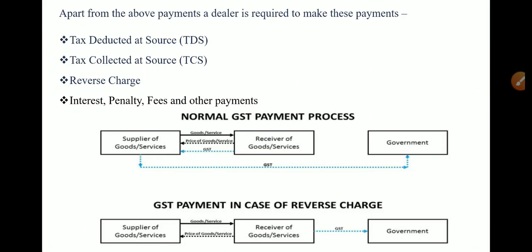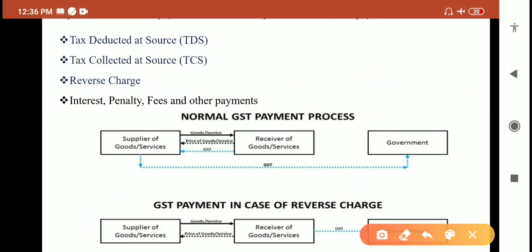Okay, let me explain with a diagram. See, the normal GST payment process, how it is done. Here is the supply of goods and services. The GST is collected from the receiver of goods and services.